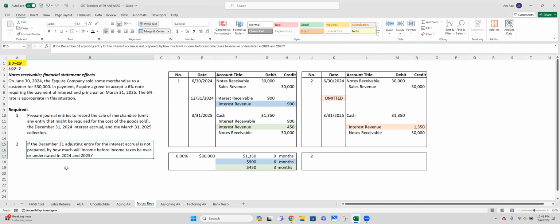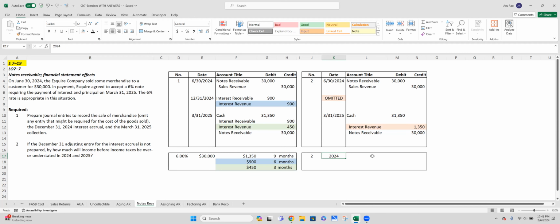Do we have an understatement or do we have an overstatement? So in the year 2024, I did not recognize that, right? So my net income is going to be understated by 900. And then what happens in 2025? Instead of having only 450, I have 1,350. So now it's going to be overstated by 900.